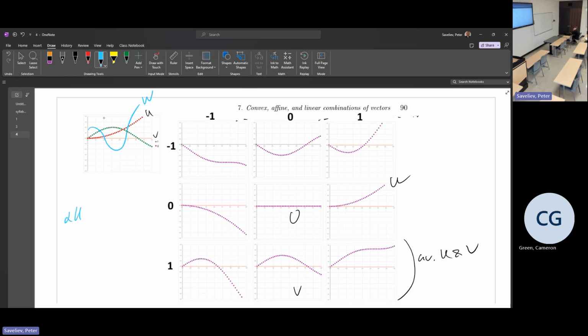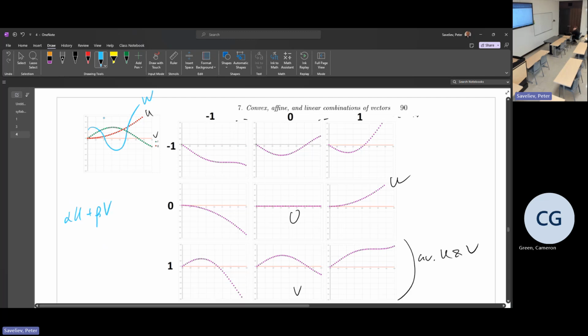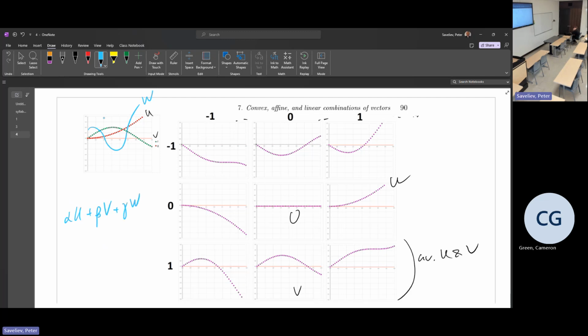Alpha U plus beta V plus gamma W. Once again, there is no restriction on alpha, beta, gamma, just any 3 real numbers. So can you imagine how you would visualize all the linear combinations? Instead of a table, what would we get?